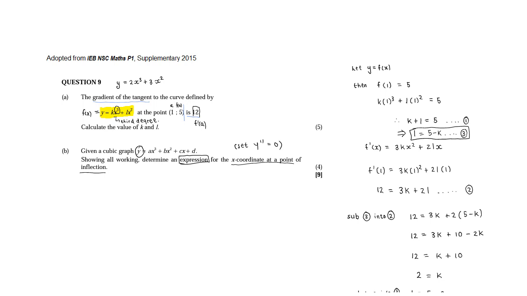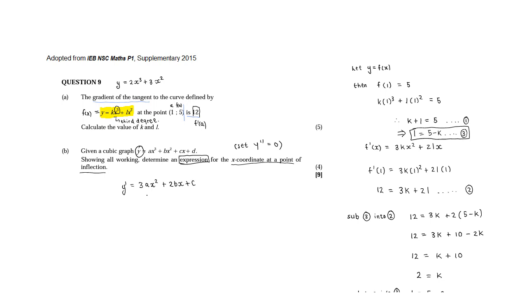We have our initial equation y. We can take y prime, which is going to be equal to 3a times x squared plus 2bx plus c. So that's our first derivative function.